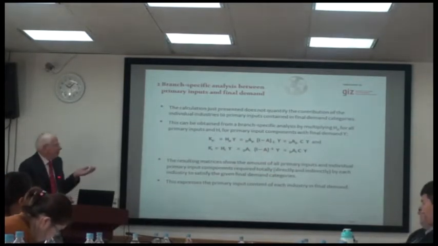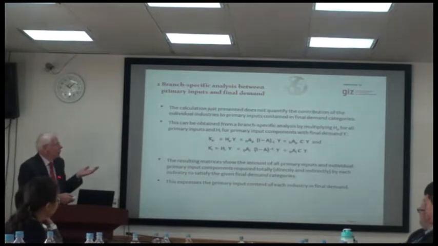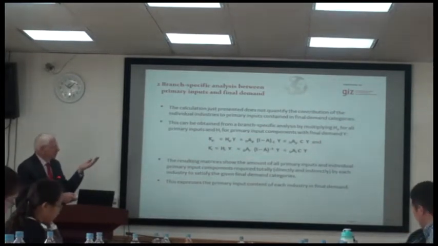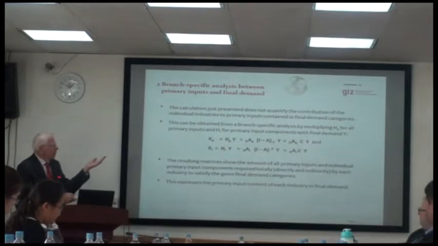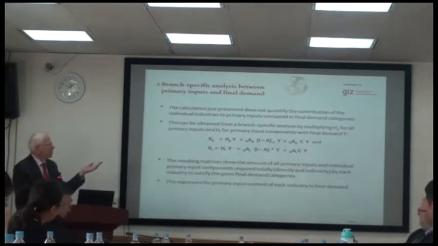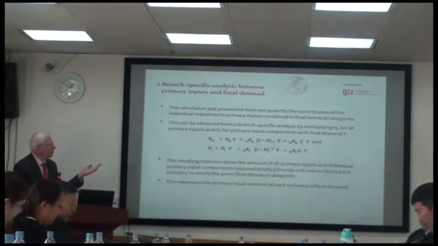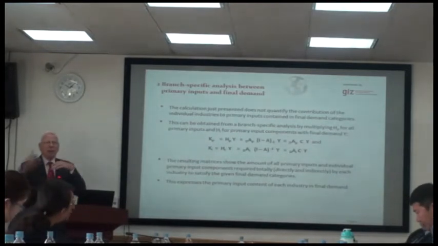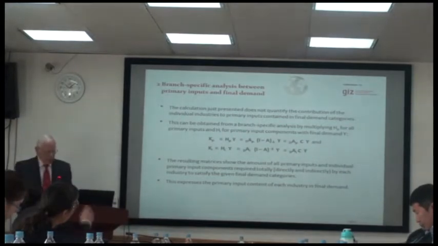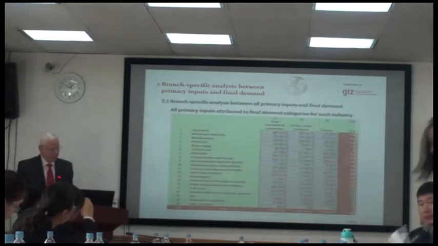You see again it's the same formula, but now with Y, because before we had only DAPC, DAIC. Now we multiply it again with our final use, because we want to combine all three quadrants: second quadrant, third quadrant, using the inverse in the first one.